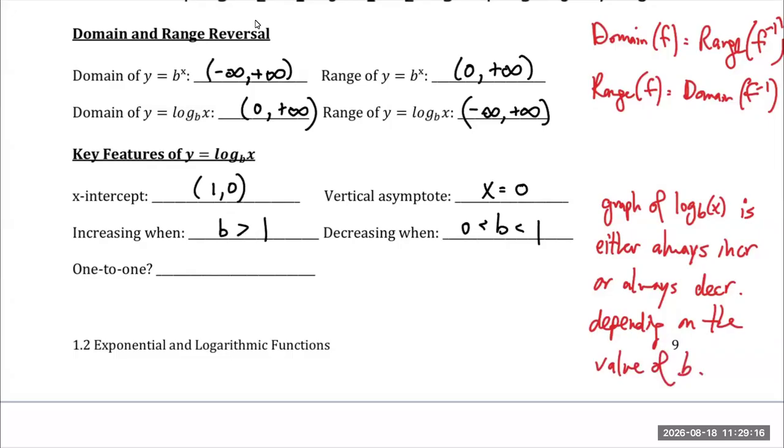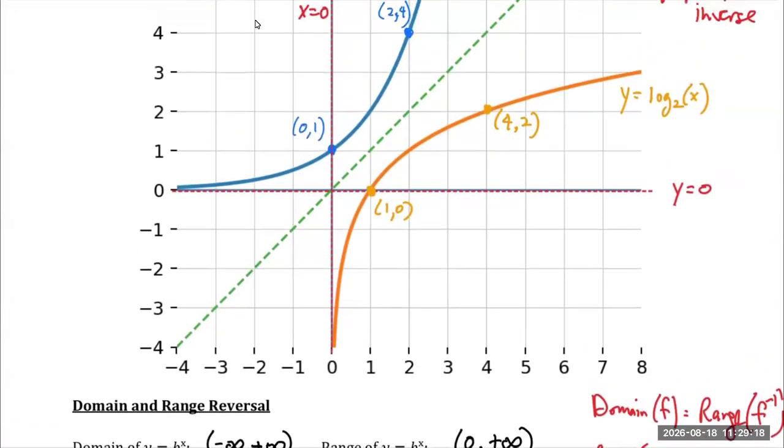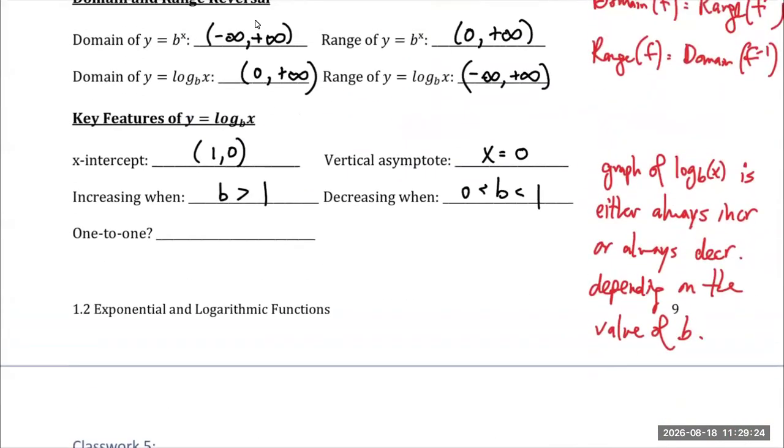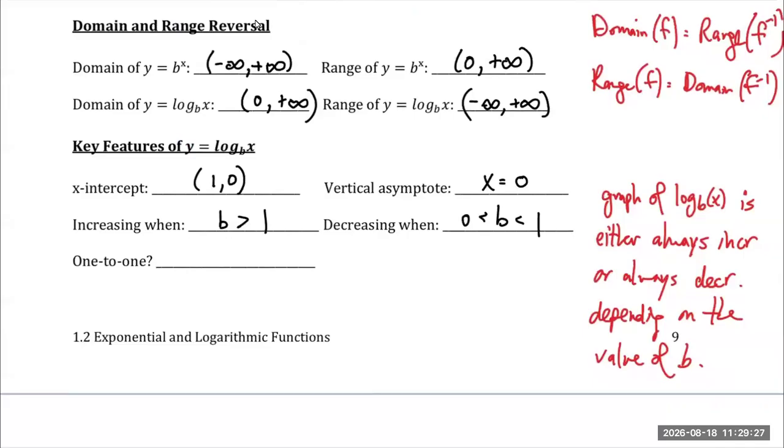All right. The final thing, when you look at this graph, does it pass the horizontal line test? It certainly does. So since it passes the horizontal line test, it is 1 to 1. Another way you could see it is that it's always increasing.